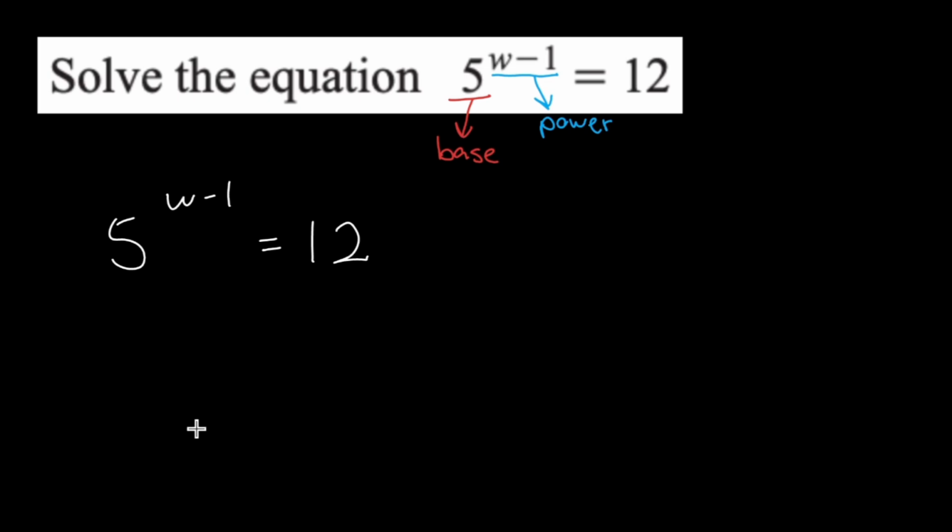In the Western world, we usually apply a log base 5 to both sides, so that the exponential base 5 and the log base 5 will cancel each other out.